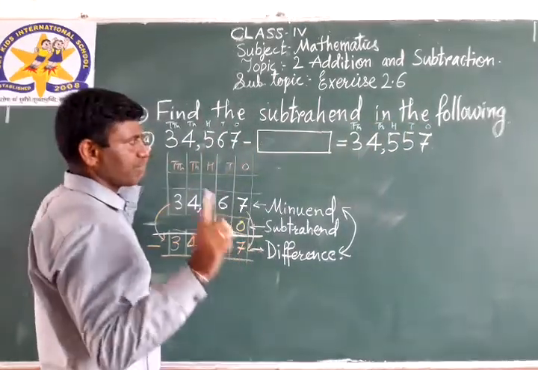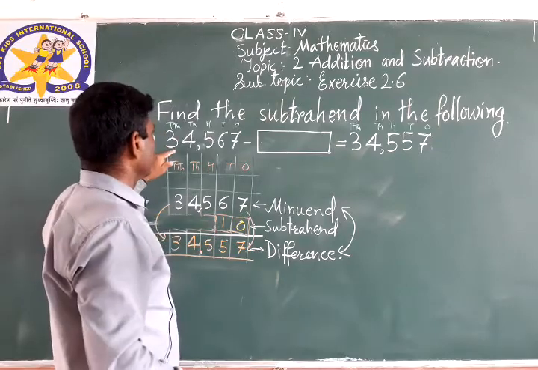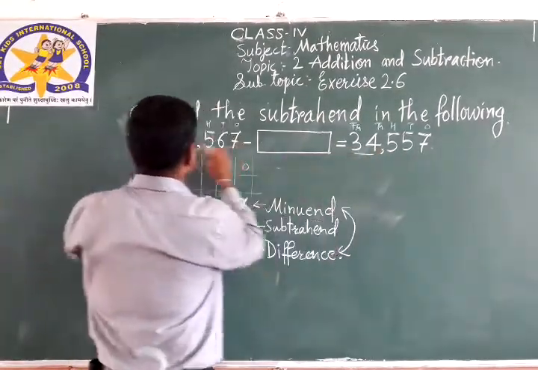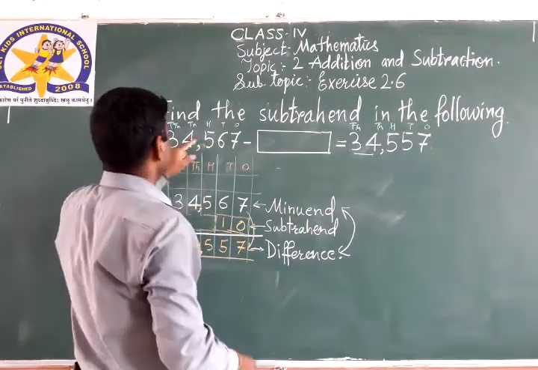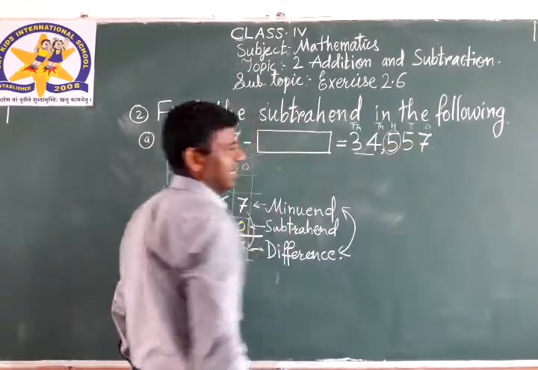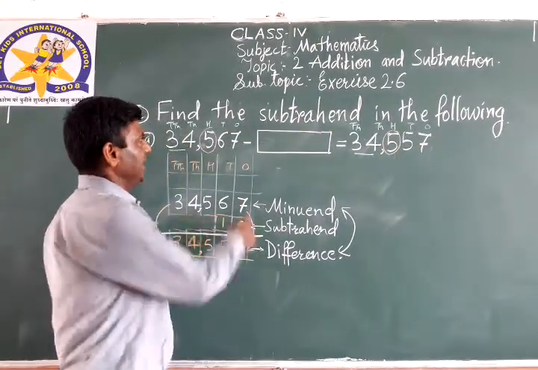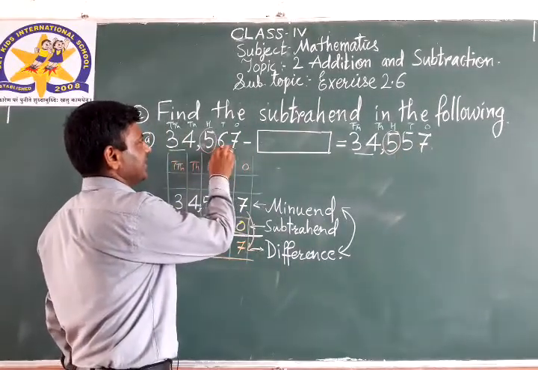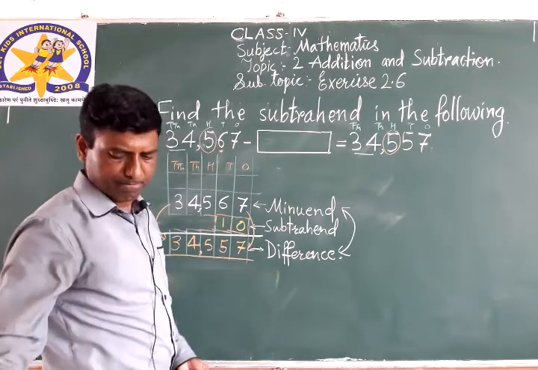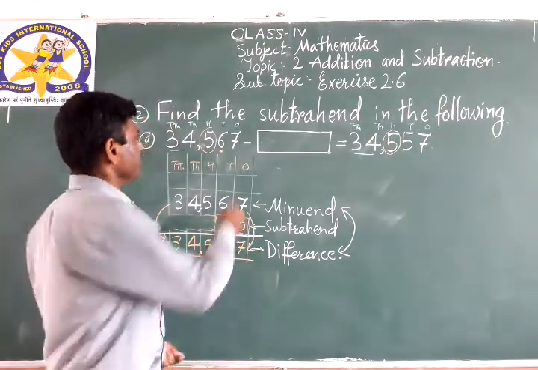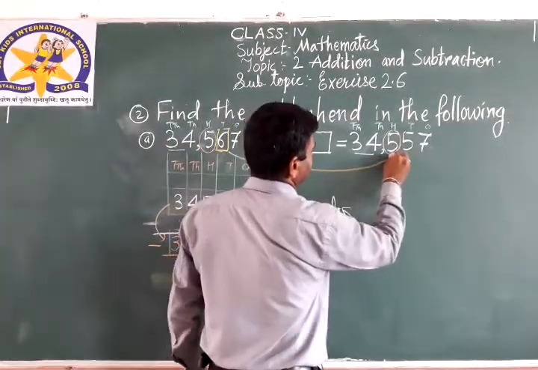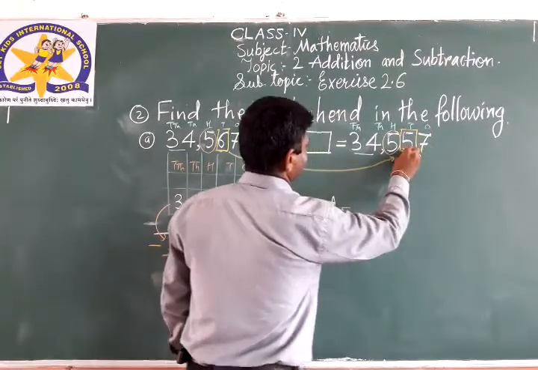Now see, 34,000. See the 1000 place, same, 34,000 here. Then 500, here also 500, same. Here in the tens place 6 is there, but here in the tens place 5 is there.